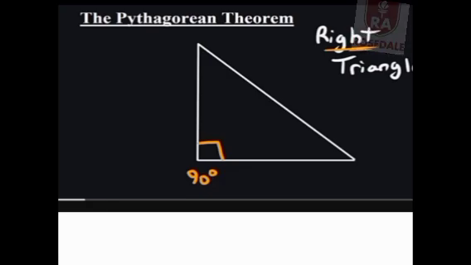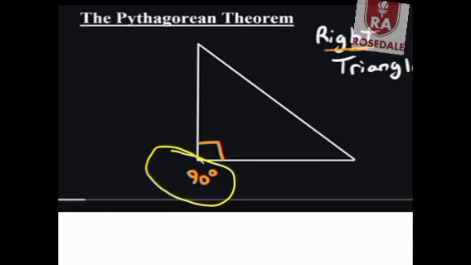The right angle located here is 90 degrees. According to the meaning of Pythagoras theory, the square of the longest side is equal to the sum of the squares of the two other adjacent sides.